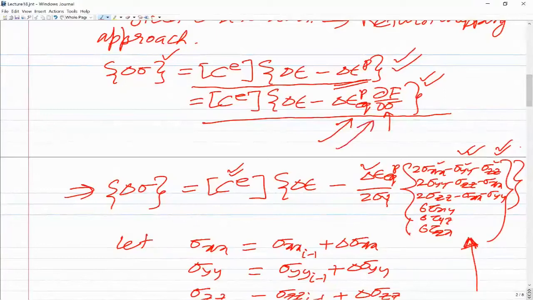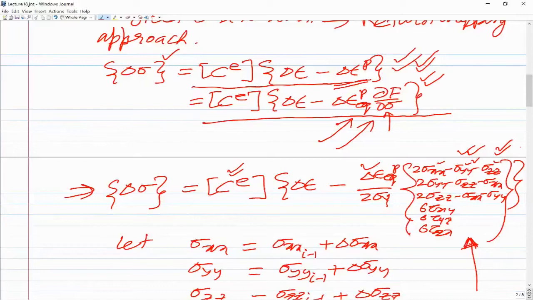You are right, there also we had del f by del sigma xx and so on, and we just wrote it in this form. So this equation is general. It turns out that for kinematic hardening also, the equivalent incremental plastic strain is equal to lambda, but we have not proved that. It can be proved, and you will get the same form.